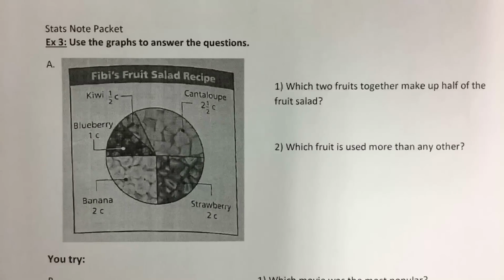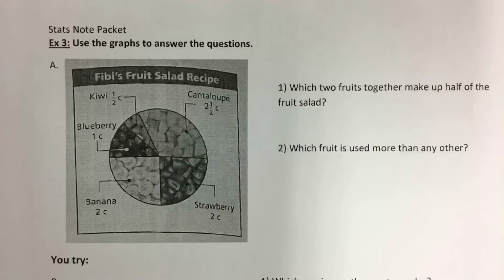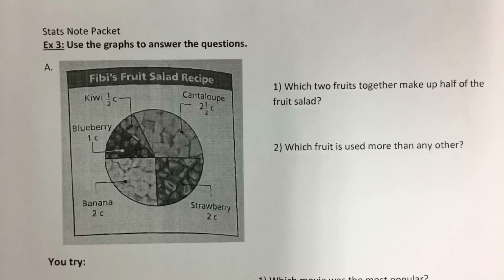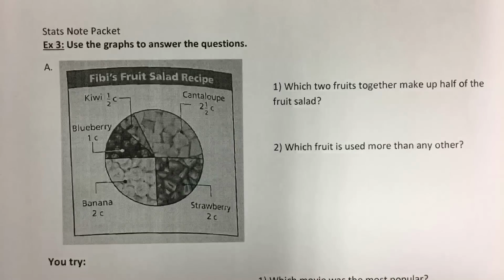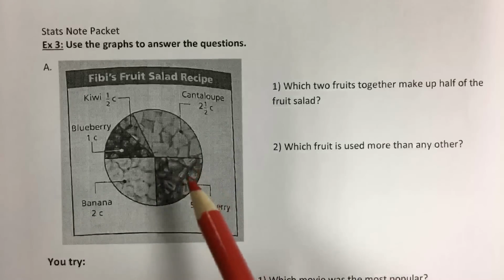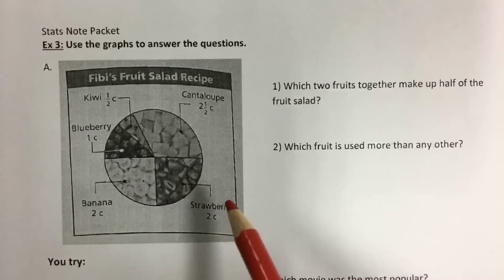Our first graph is a fruit salad recipe. So they're calling for different parts of our fruit salad. Which two fruits together make up half of the fruit salad? If we look at this, half of your salad would be half of the circle filled.